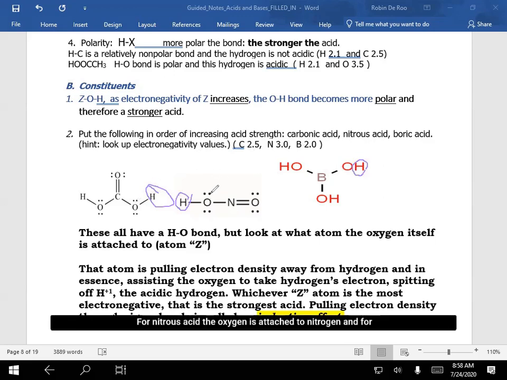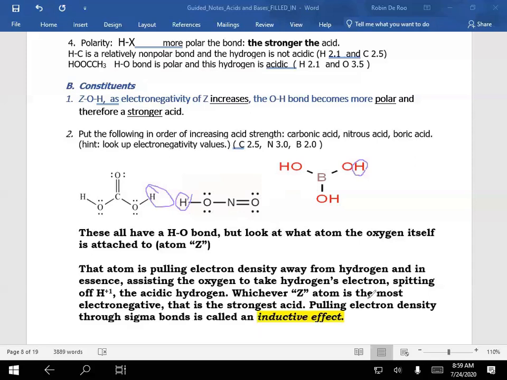For nitric acid, the oxygen is attached to nitrogen. And for boric acid, the oxygen is attached to boron. So these all have a hydrogen-oxygen bond, but we have to look at what atom the oxygen itself is attached to. We are calling that atom Z.